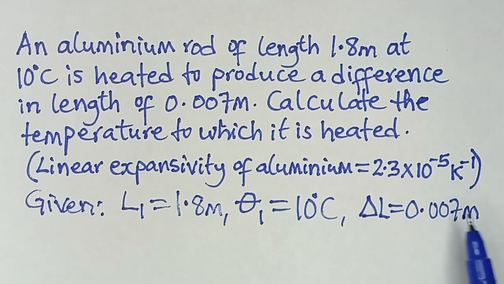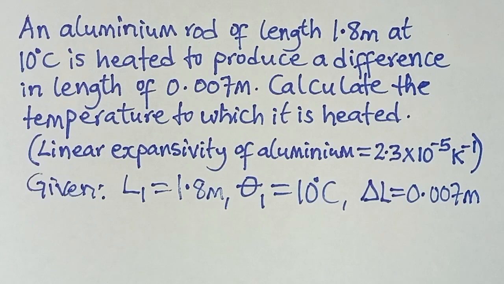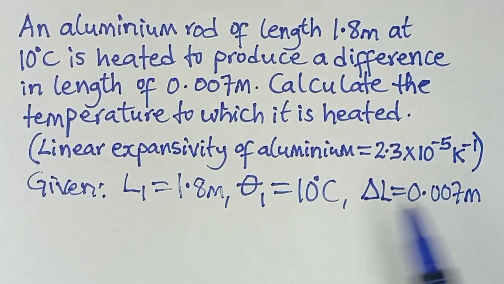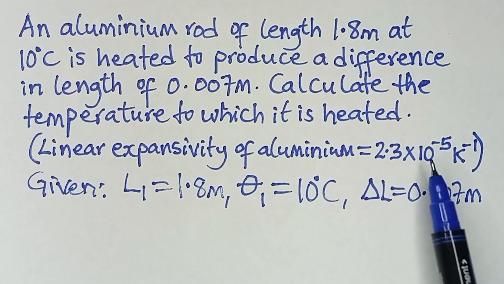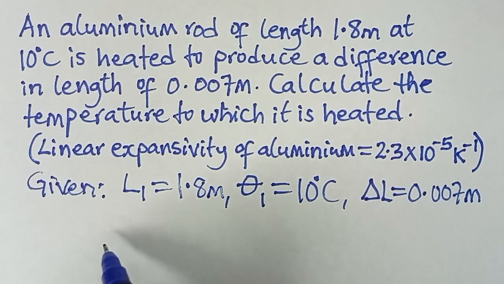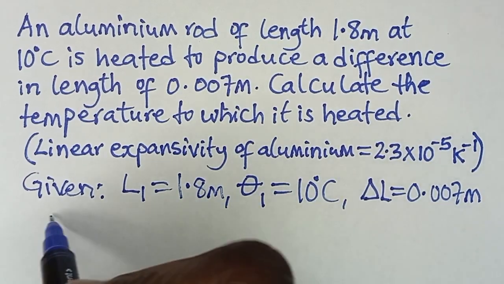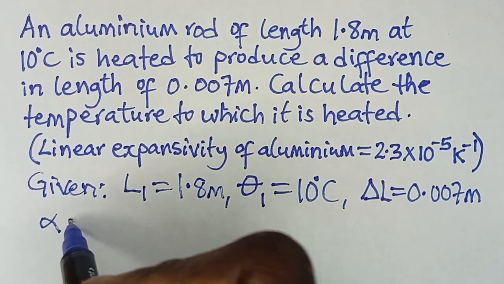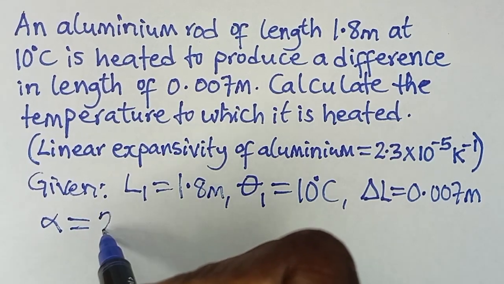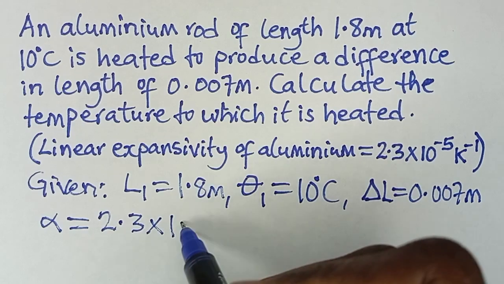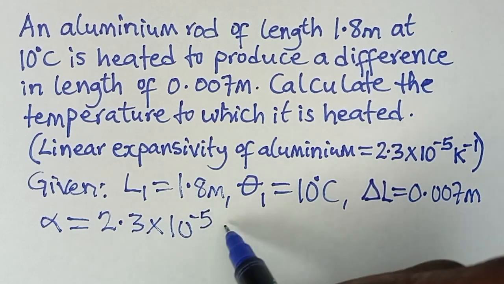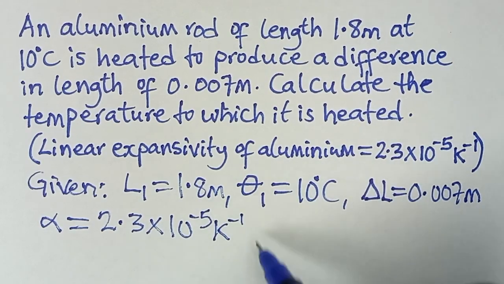And then we are also given the linear expansivity of the rod. That is, the linear expansivity of aluminum is given as alpha, and that is equal to 2.3 multiplied by 10 raised to power minus 5 per Kelvin.